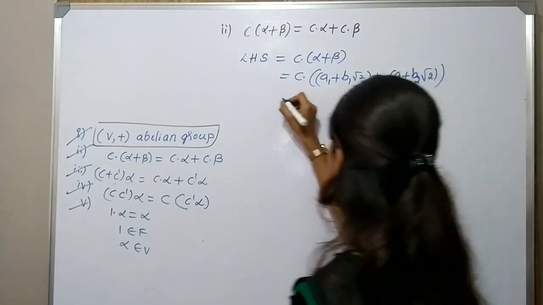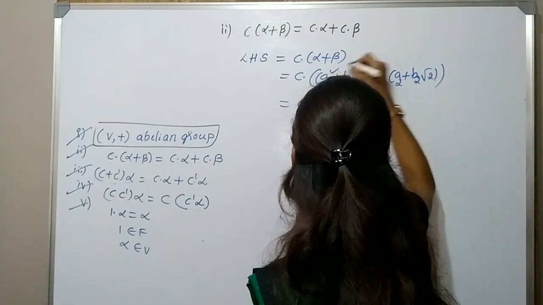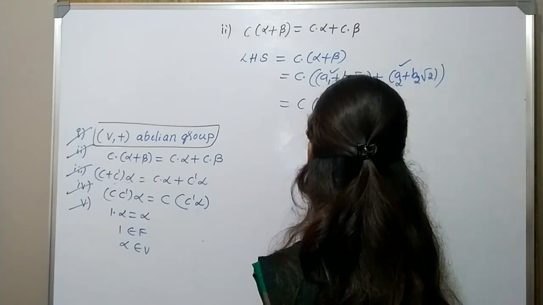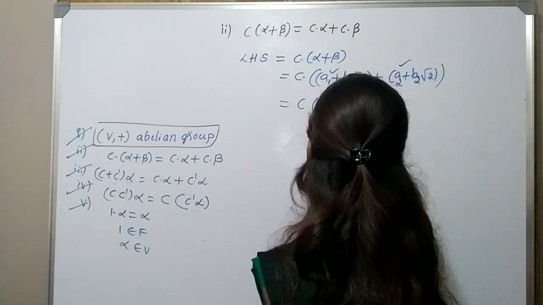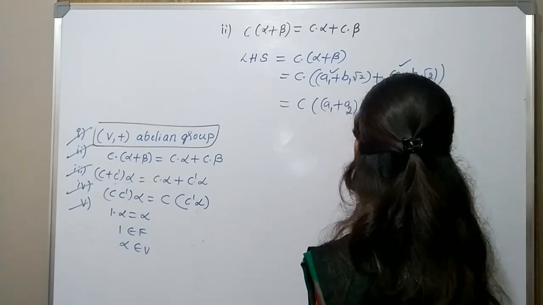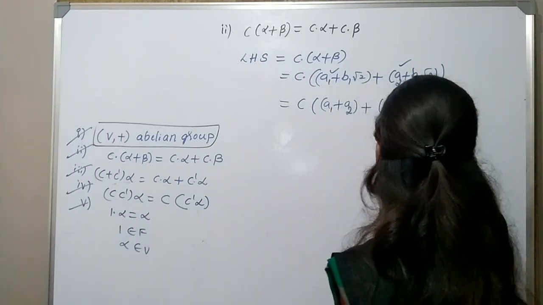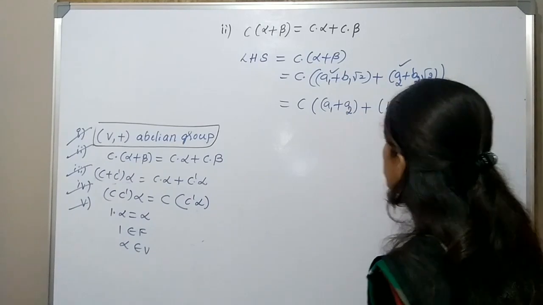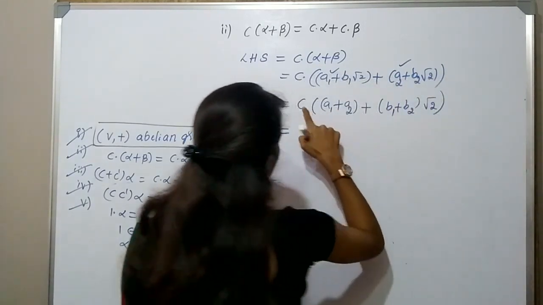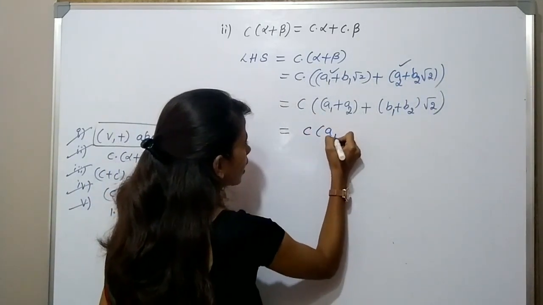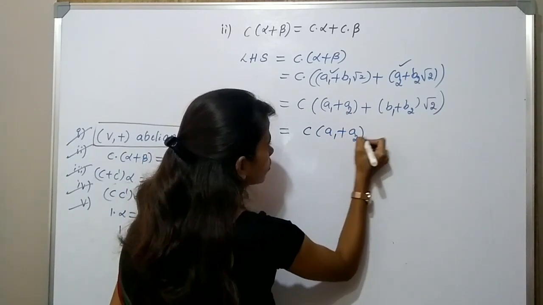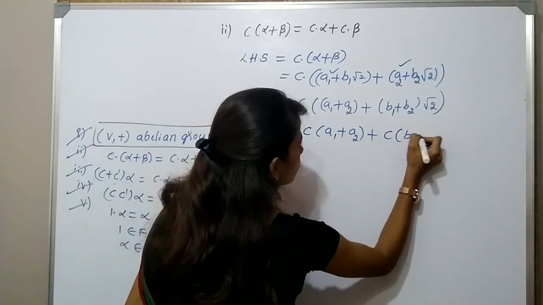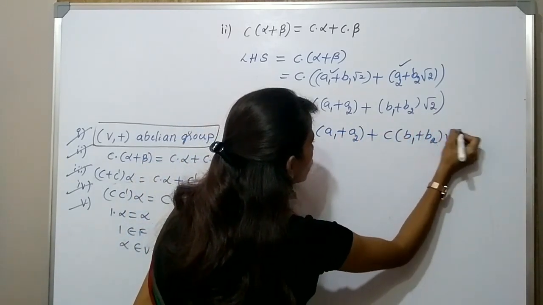So first simplify within the bracket. Take a1, a2 one side, a1 plus a2, plus b1 plus b2. Root 2 is common for b1 and b2, so take it outside. Now multiply c within the bracket, c into a1 plus a2 plus c into b1 plus b2 root 2.